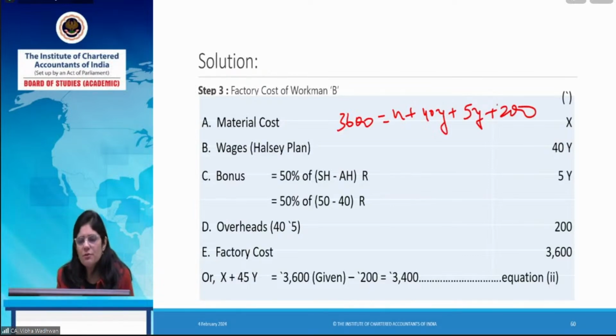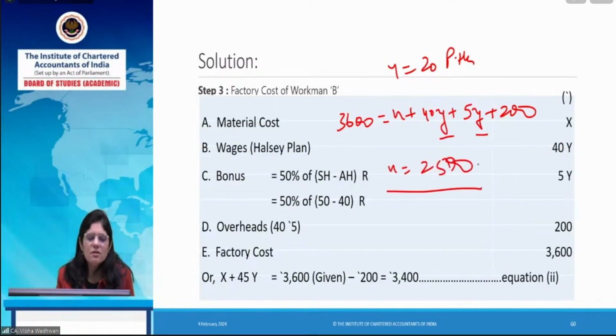So here also you place the value of Y, which is 20 per hour, and you will be calculating X. So X should come 2500. Check for B also. Is X coming 2500? Check for B also, place Y in equation 2 and check for the material cost. Is it coming 2500 in workman B's case also? Material should come the same because they are using the same material.